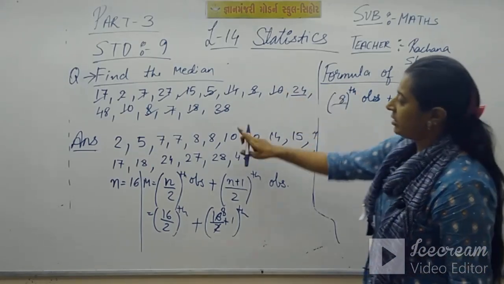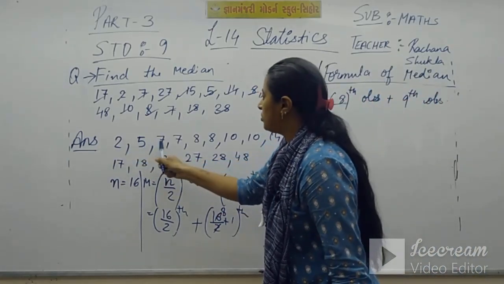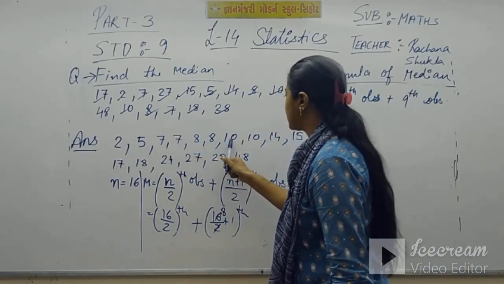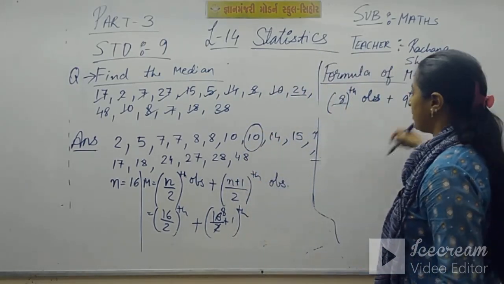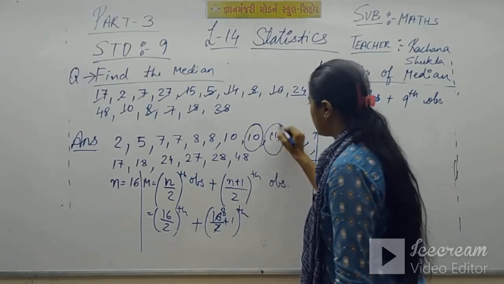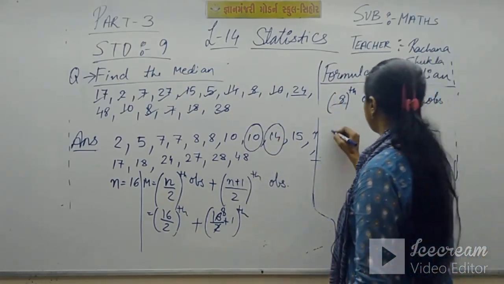Now we will look in the data for the 8th observation. 1, 2, 3, 4, 5, 6, 7, 8. And the 9th. So we got two numbers, 10 and 14.